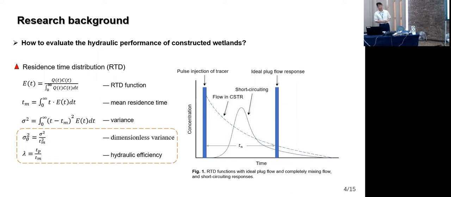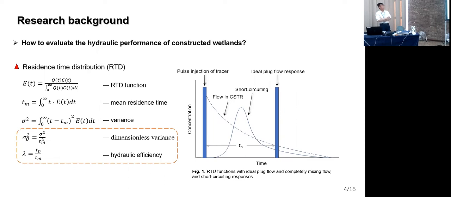If we do a tracer study for a tank, and we presume the tank is of ideal hydraulic condition, we inject a certain amount of tracer at the inlet. After some time, we will get the concentration of the tracer at the outlet, like the right-hand side, the blue stripe.